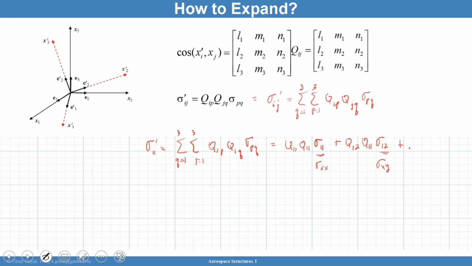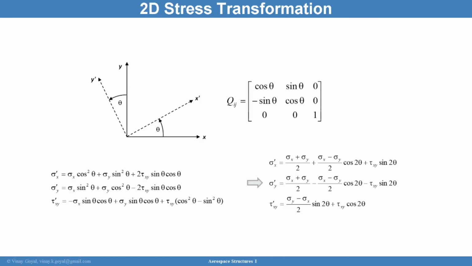And then you can keep expanding. There will be 9 components. As you can see here, I know Q11, which is this term. I know Q12, which is this term, because that's the angle between the axis x2 prime and x1. And so that's how you will approach that.